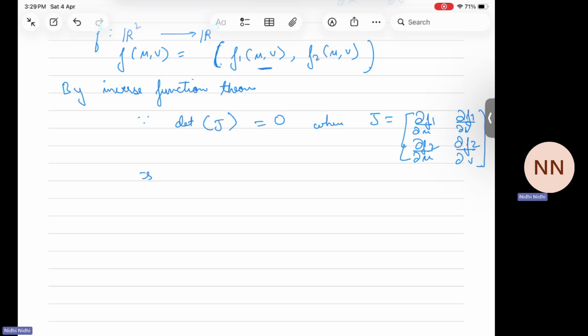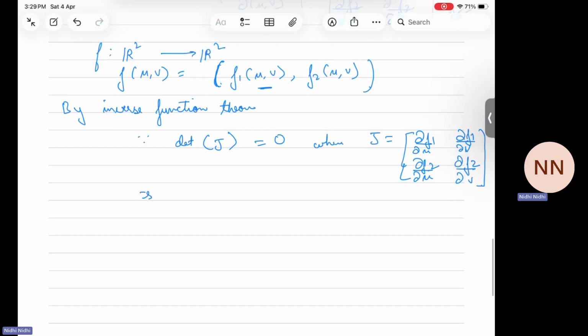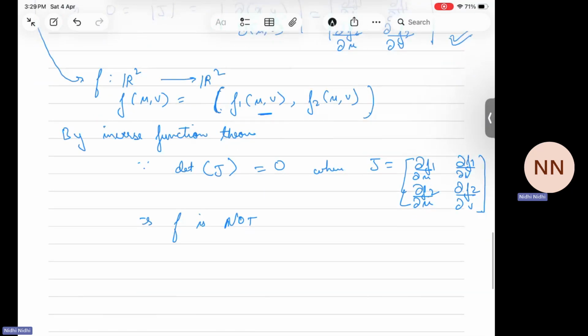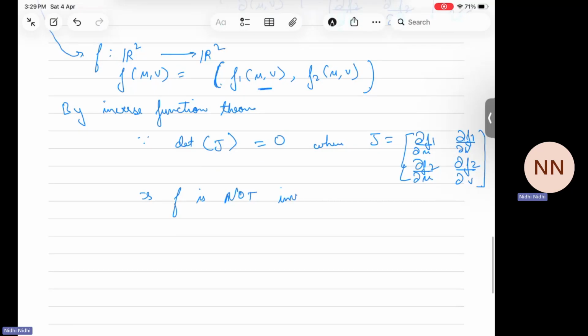Since this determinant is zero, the function f is not invertible, and that's what our transformation is. By the coordinate transform from xy to uv, we mean this function is not invertible.